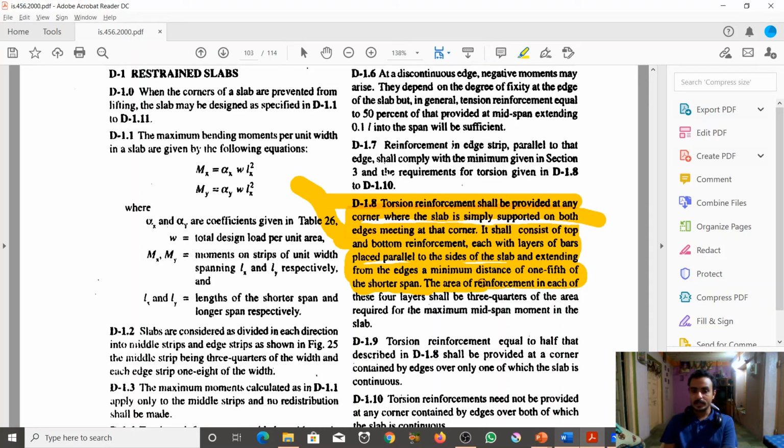Next, the area of reinforcement in each of these 4 layers shall be 3/4 of the area required for the maximum mid span moment in the slab.